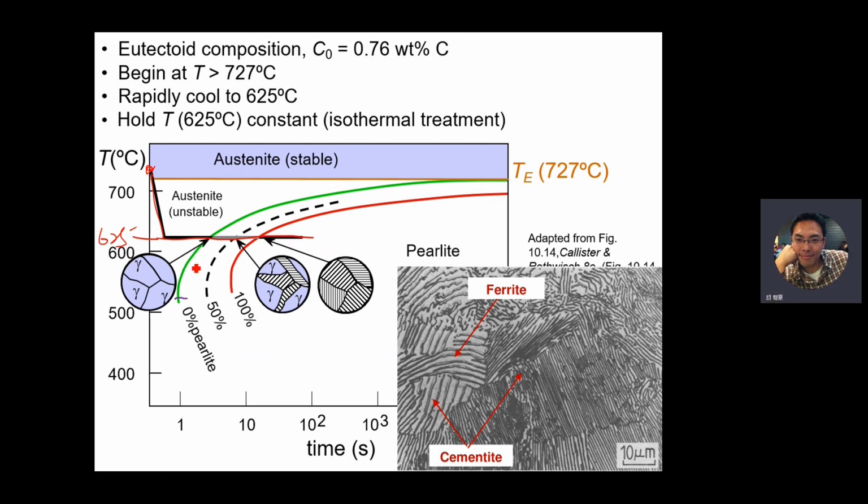And then we'll find out, oh, at a certain time, this austenite starts to convert to perlite, or we say the perlite begins to form in austenite, right? And then 50% of the perlite structure forms. And finally, the structure converts totally to perlite structure or lamella structure.